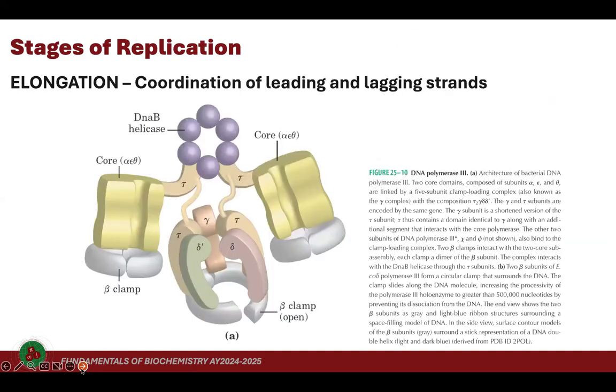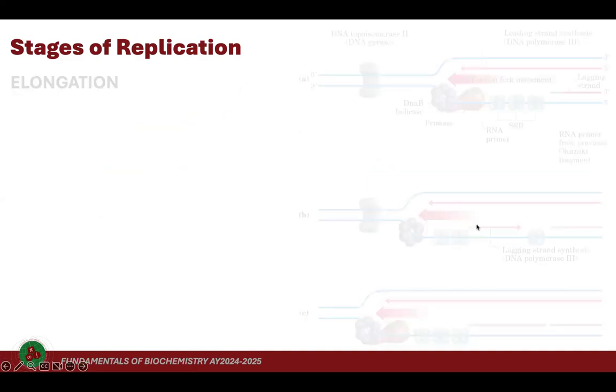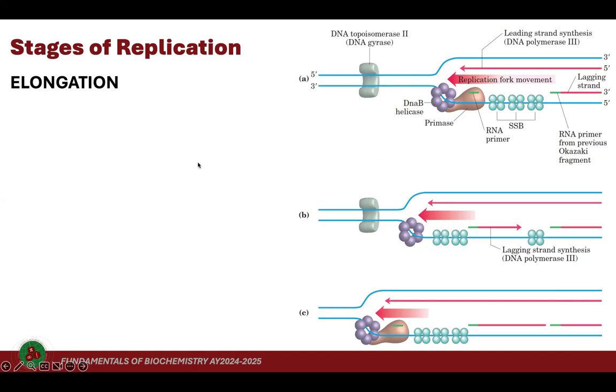So, what is happening in the elongation stage? The thing is, from the name itself, lagging strand, does it mean that the rate of synthesis of your lagging strand is lower than that of the leading strand? Is it really lagging in that sense?